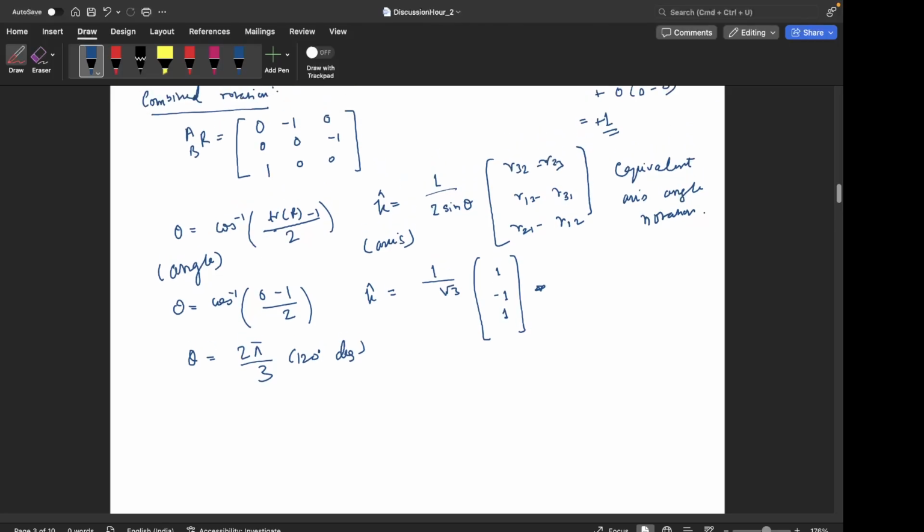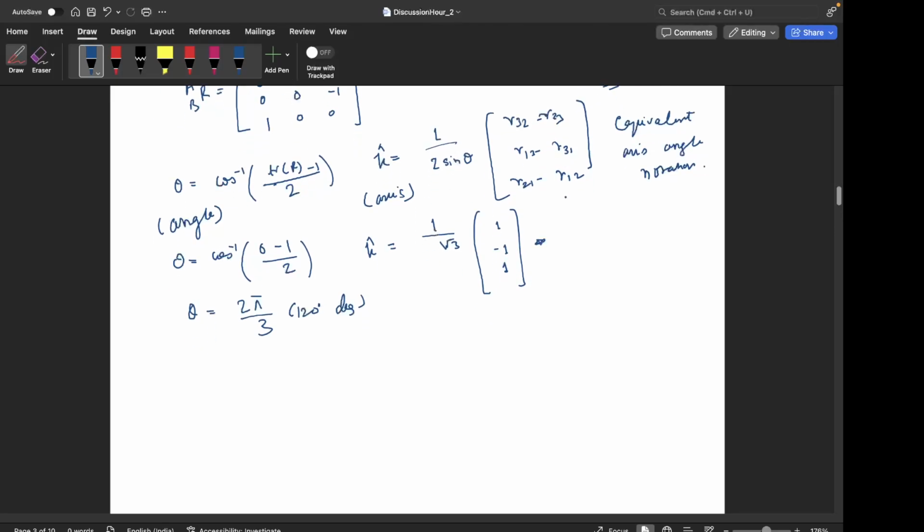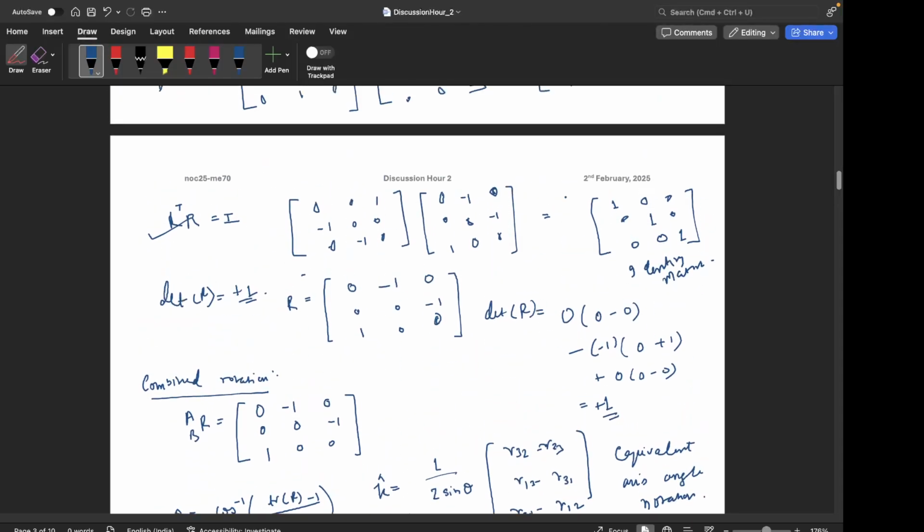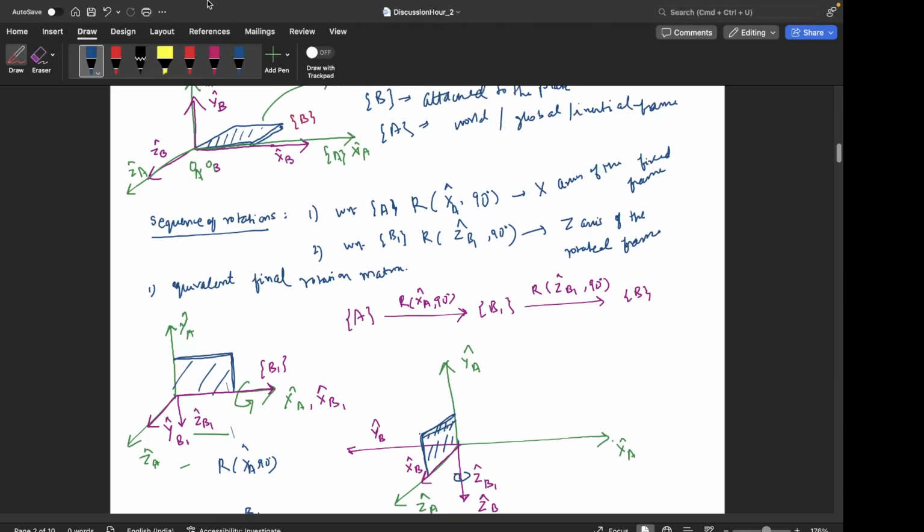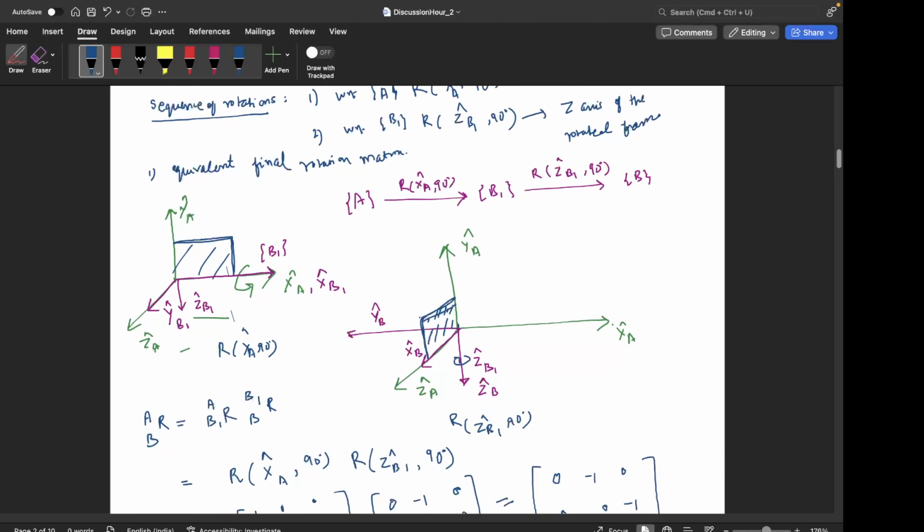Right. So if you rotate about this axis 1 minus 1 1, and if you rotate by 2 pi by 3 radians, then in one single rotation we can arrive from this lying down position to this standing vertical on z axis position. Okay.